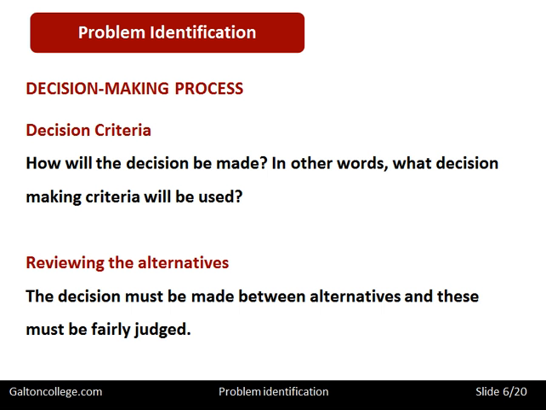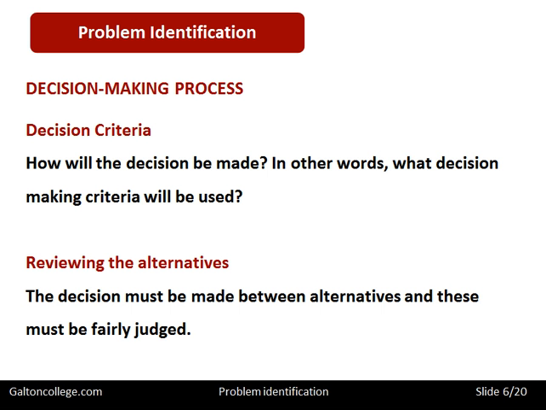So we need to know what the decision criteria are. We need to know what's the management looking to achieve in assessing a problem. What sort of outcome is it looking for? How will the decision be judged? In other words, what's the decision criteria?